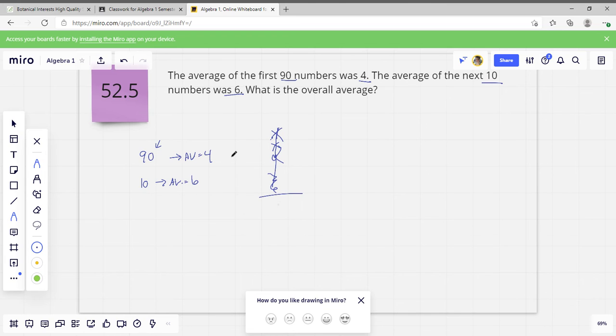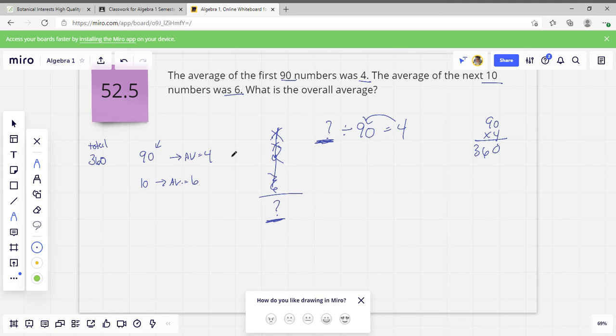Okay, and at the bottom, we have some mystery number. And then we took our mystery number and we divided it by the number of numbers, which was 90 numbers. And we got 4. So to work backwards, we're going to multiply 4 times 90, and that'll tell us what this mystery number is. Okay, so 90 times 4 will be 360. Okay, so 360 is our total for these 90 numbers.